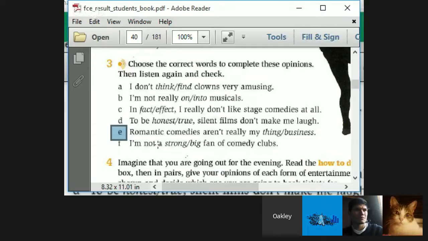Oh, do you work on any Adam Sandler films? Well, actually, no. Romantic comedies aren't really my business. Then it would make sense. But if you're talking about preferences, likes, and dislikes, "romantic comedies aren't really my thing" would be more appropriate, a colloquial expression.